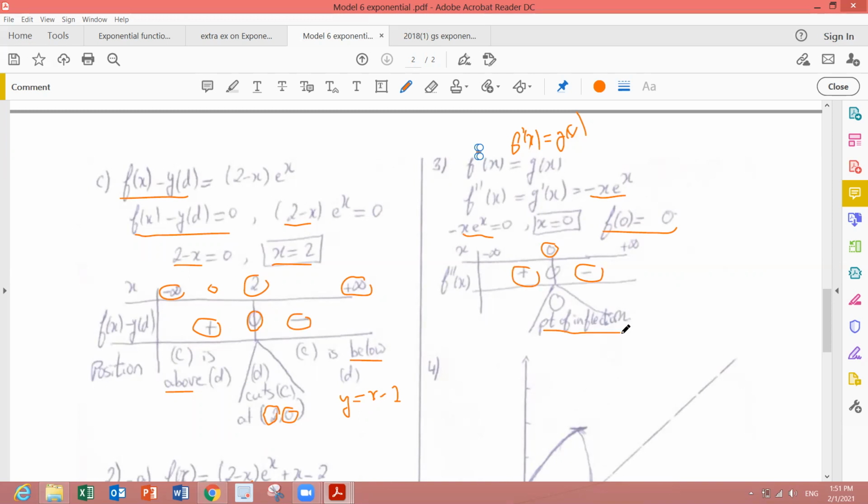It doesn't change sign? How does it not change sign from positive to negative? What do you mean it doesn't change sign? f prime of x also went from positive to negative. The point of inflection by definition is the point where the second derivative changes sign and it is equal to 0. Not related to f prime.